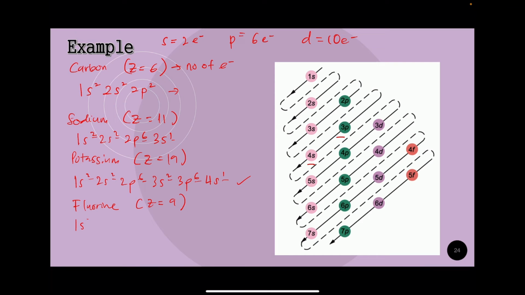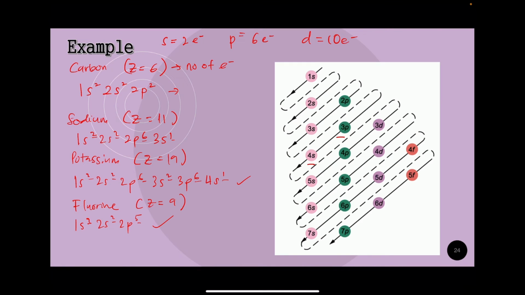So 1s2, 2s2, and then we have already used 4 electrons. Now 5 electrons remain, so we fill the 2p with 5. 2 plus 2 plus 5 is 9. So this is how the electron configuration for fluorine can be written out. So this is how to follow Hund's rule.